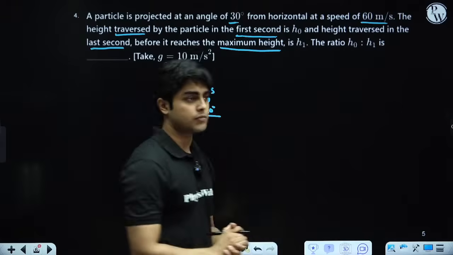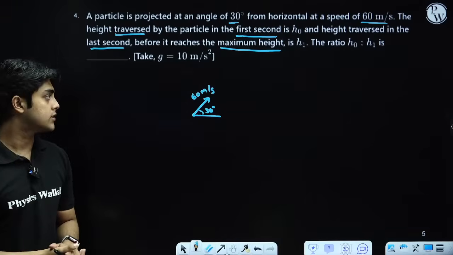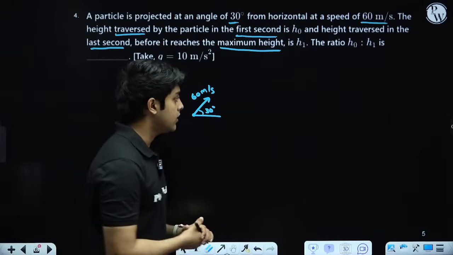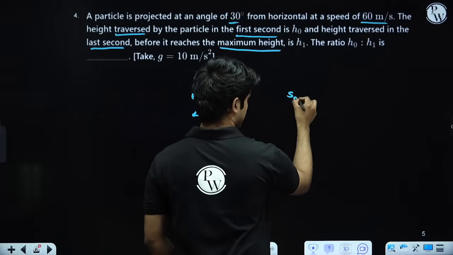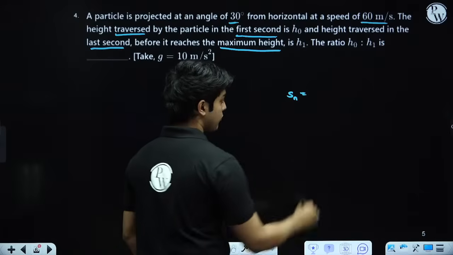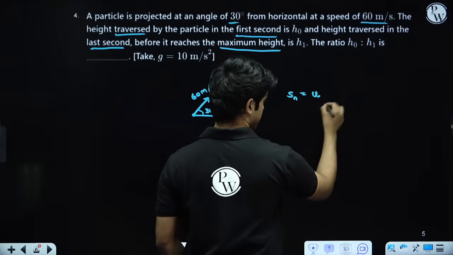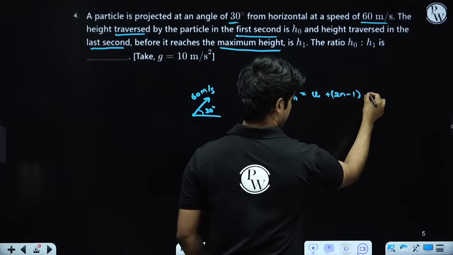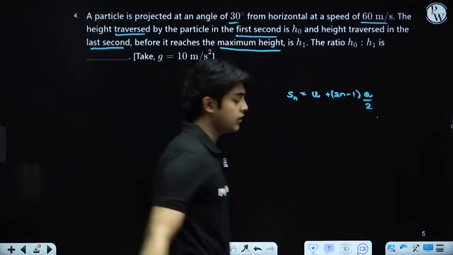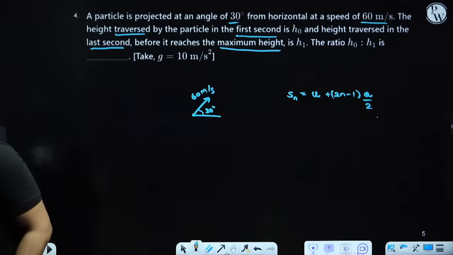So this is the classic formula which we discussed in one-dimensional kinematics, which is the distance traveled in the nth second, right? The displacement in the nth second. So this formula was u plus (2n minus 1) a divided by 2. Okay, so this is the distance traveled in the nth second.